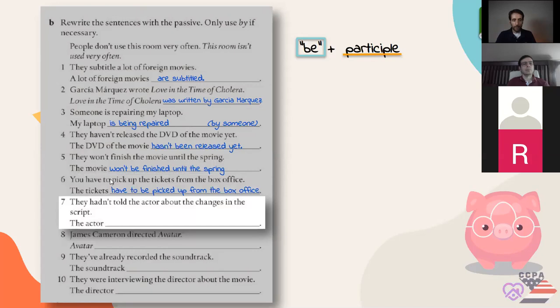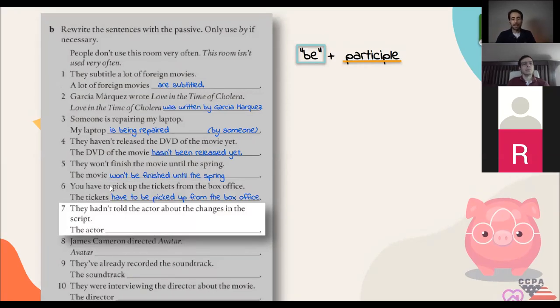We have number 7. They hadn't told the actor about the changes in the script. Past perfect we have this time. Past perfect, remember, combination of had and participle.